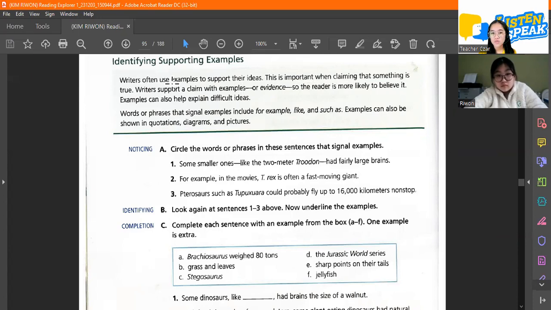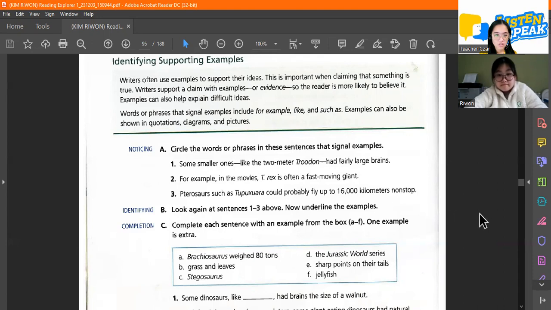Writers support a claim with examples or evidence because for something to be true, you need a supporting idea, supporting statement, or some evidence so that the reader is more likely to believe your thought. The words or phrases that signal an example include for example, like, and such as. Those are the examples you can use here.